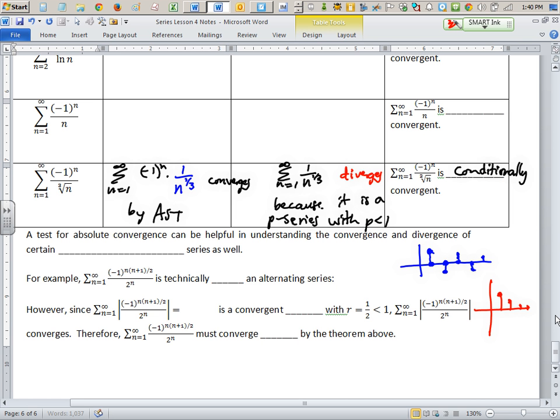Let's use it now. Imagine a series that alternates, but you don't know how to study it. You can't figure out which test to use. It's not quite alternating properly or something. You could actually take the absolute value and test for convergence. If it converges in the red form, it most definitely will converge in the blue form with all that subtraction. So let's go ahead and try this next problem.